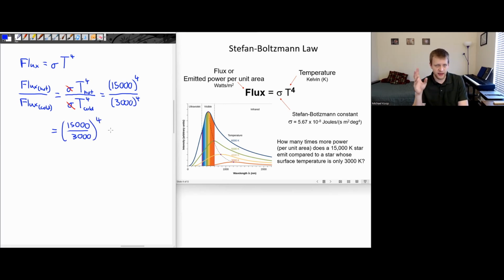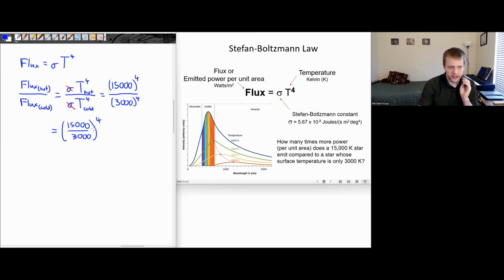Again, thinking back to the exponent rules that you've probably talked about in some potentially long forgotten math class, if I have a fraction taken to some exponent, I can just look at the numerator to the power of 4 and the denominator to the power of 4. We're kind of doing the reverse, for a reason that should be clear in just a minute.